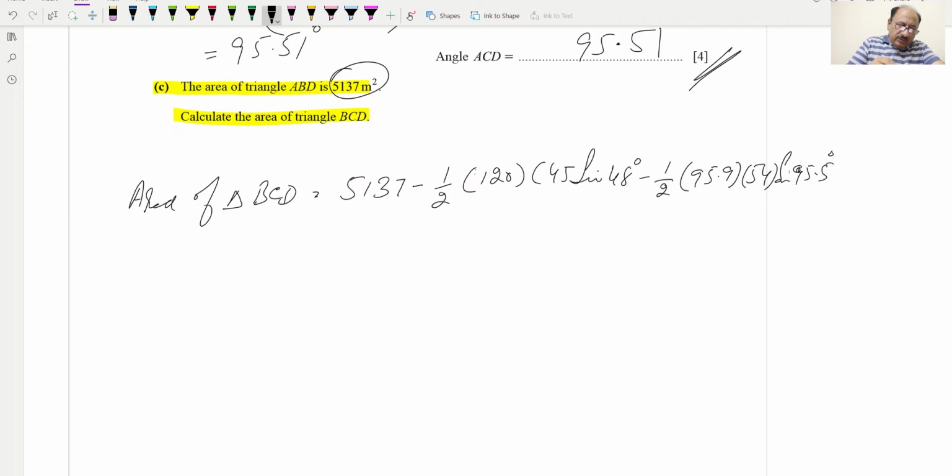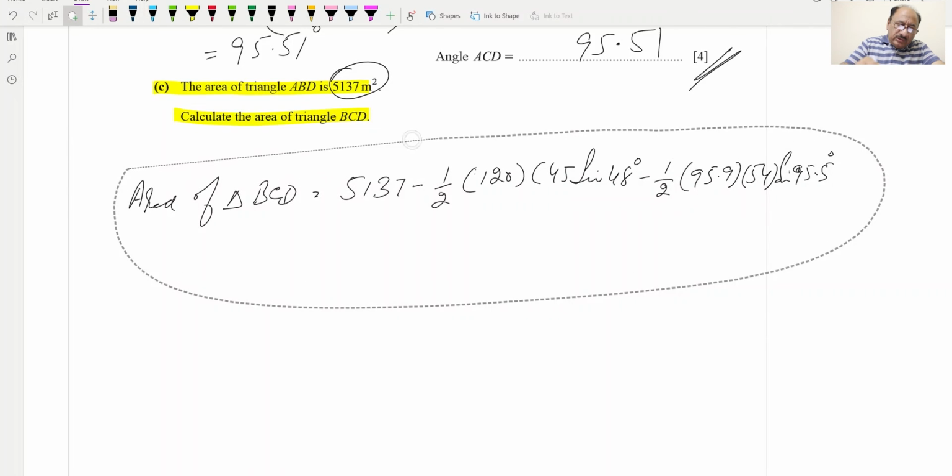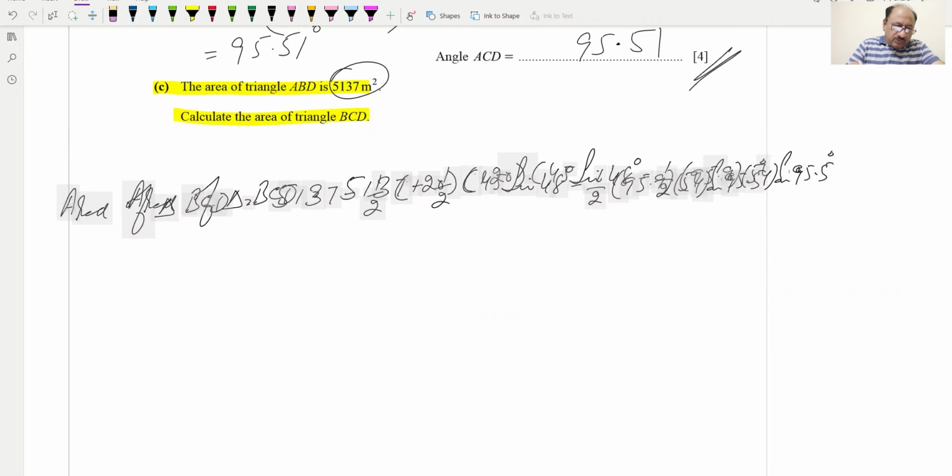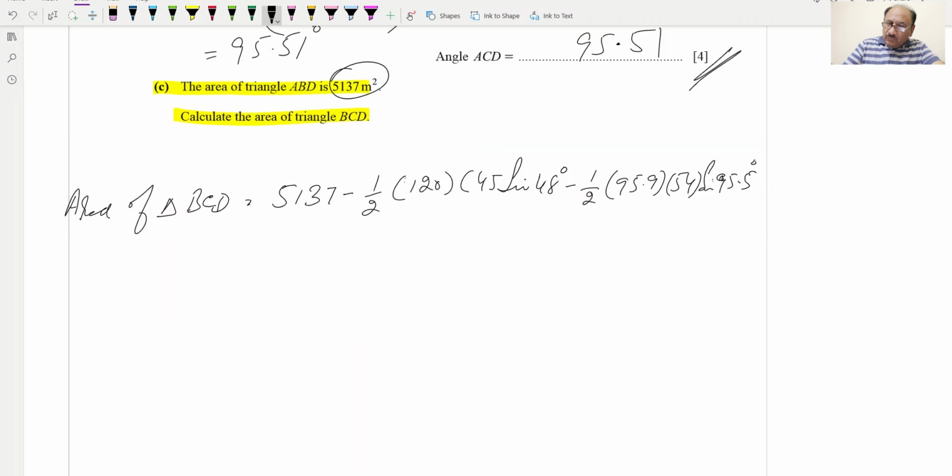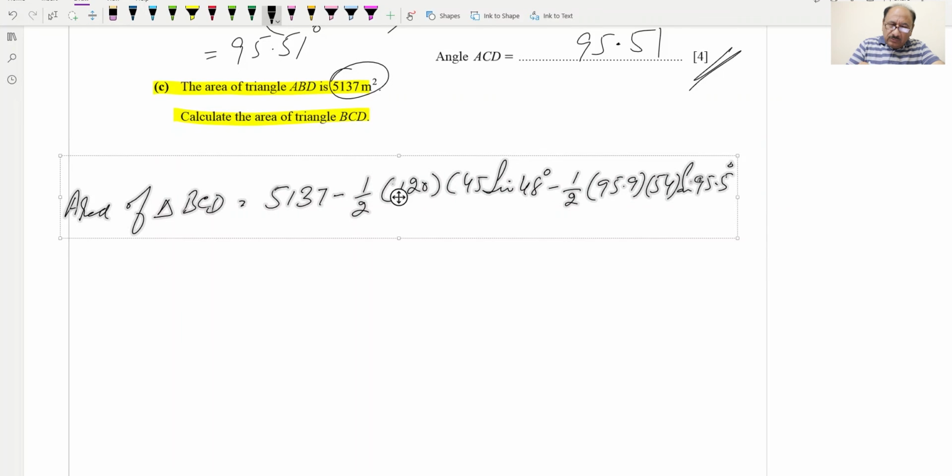So this will be the area, so we can shift a little because it's going out, so we can fix it.